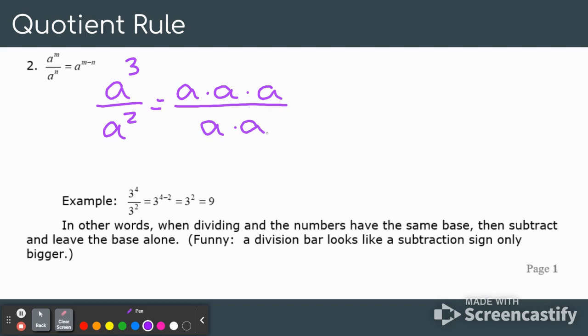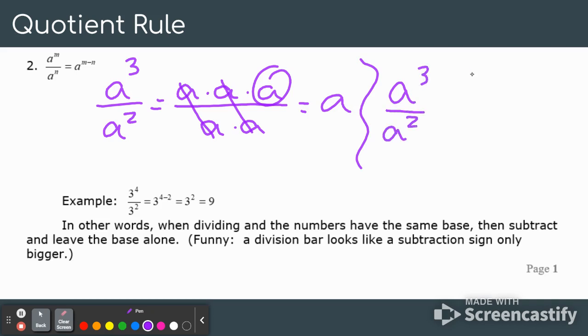If you remember, when you divide a number by itself, you get 1. So every time I have a over a, those are becoming 1s. So all I'm left with is a. Okay, so using my rule, a to the third over a squared would be a to the third minus 2, and that's going to give me a to the 1, which is just a.